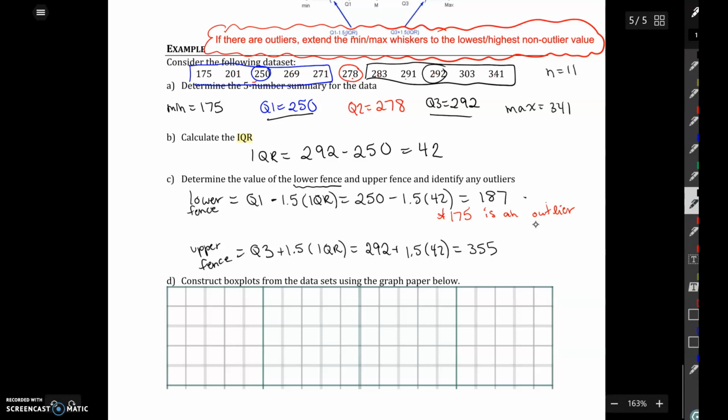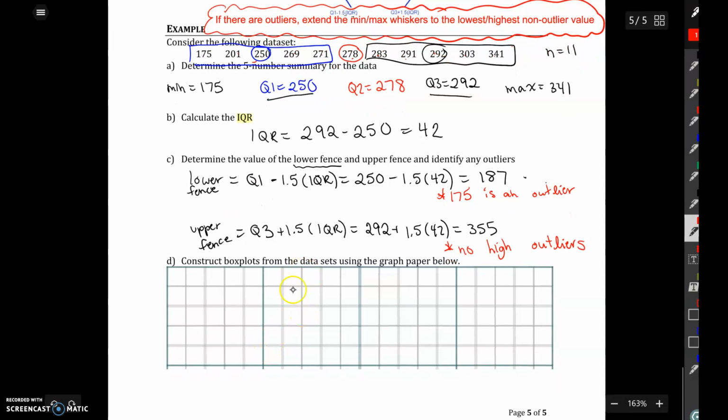So any values that are larger than 355 are high outliers. Looking back at the raw data, I see no high outliers. Perfect. So we're ready with that information. We're ready to draw our box plot now.